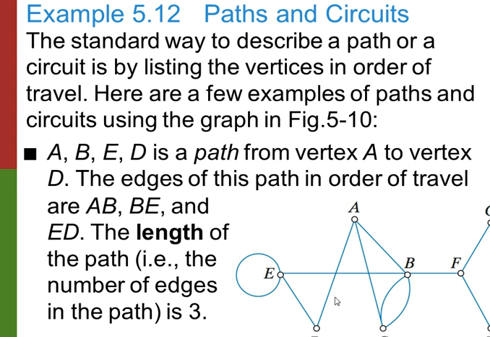All right, so now I've got a path. I could have a path E to B to F to G. That'd be perfectly okay. But I can't have a circuit everywhere on this thing, because I don't have to travel everywhere. I could go E to B to A to D to C. That'd be a circuit.